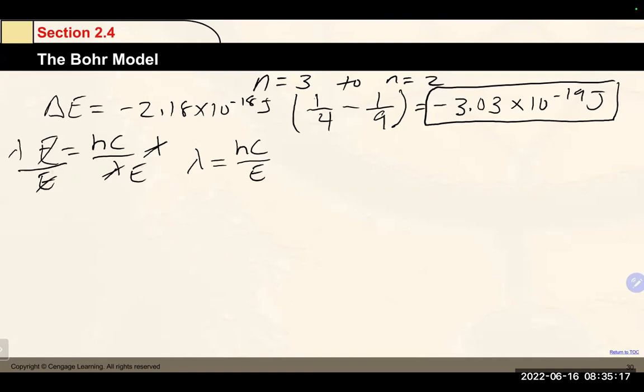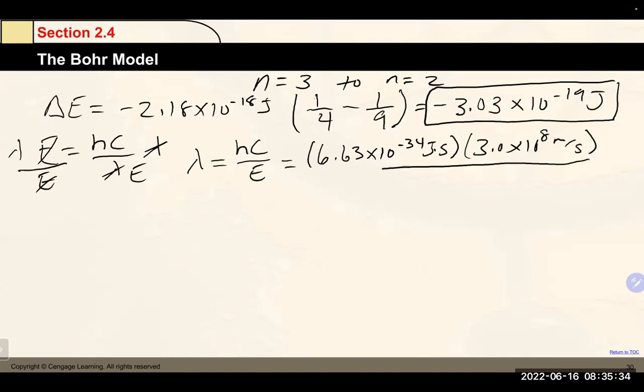Putting in the top two, which are constants, 6.63 times 10 to the minus 34 joule seconds and 3 times 10 to the 8 meters per second, divided by our energy, which again we're going to turn into a positive number so we don't hit any negative wavelength. The joules will cancel, seconds will cancel, and we will be left with meters.